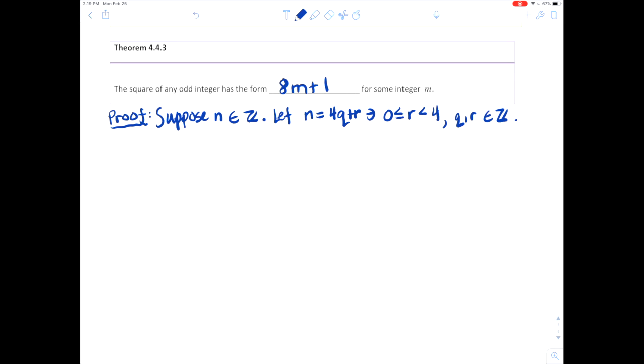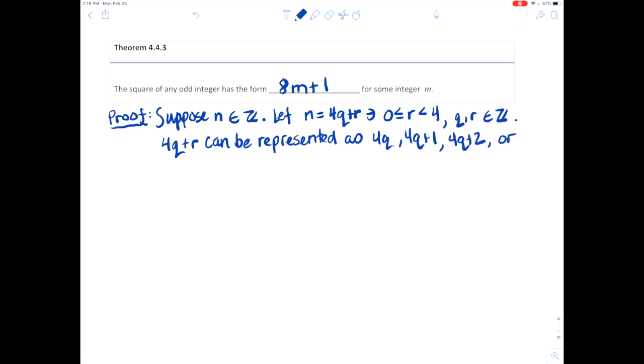Now, 4q plus r can be represented as 4q. That's if you have a 0 remainder. 4q plus 1 if there's a remainder of 1. 4q plus 2 if there's a remainder of 2, right? Oh, there's one more, sorry. Or 4q plus 3.